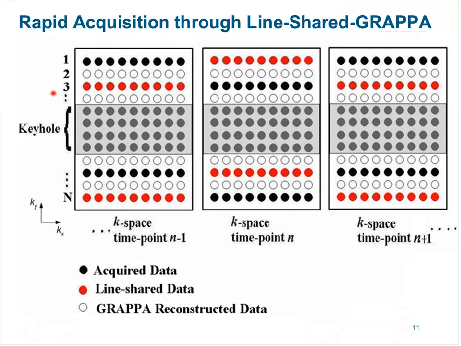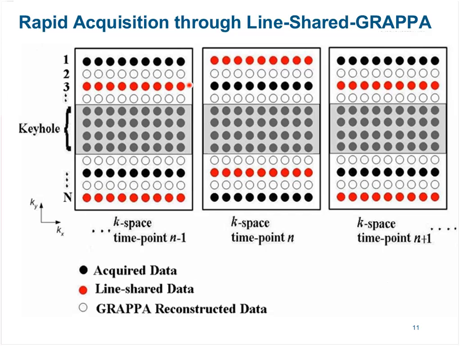And after acquiring the data, you are first applying the line sharing process so that you can reconstruct every other k-space line at each time point. So the red dots are showing the k-space lines reconstructed using the line sharing. So after applying the line sharing, we can see that we are in the situation that we can apply now the GRAPPA algorithm for the rest of the missed k-space line.